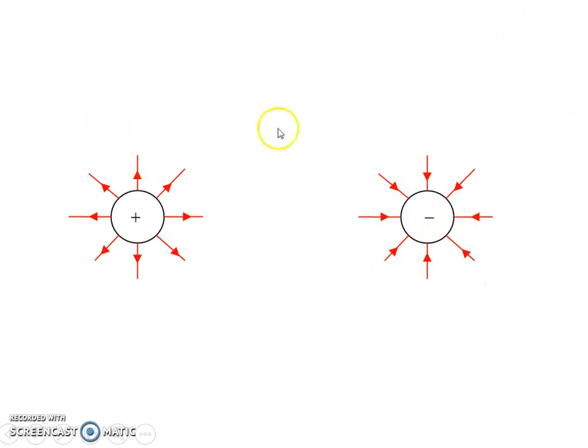Now that I have a positive and a negative charge, what happens when both of them interact with each other if I place them near each other? You can see this field line goes out of the positive charge, this one goes in. This one will say, hey, I'm going out, and this guy will say, hey, I'm coming in, come on, join me.